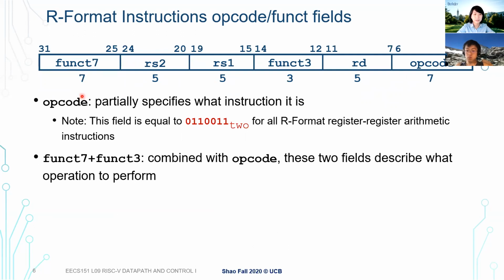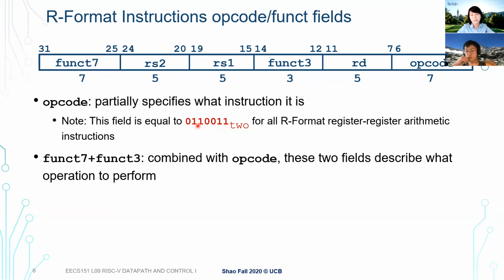So I mentioned earlier, let's start from the functionalities. There are 3 different fields in the R-type instructions to encode the functionality. First, all the R-type instructions have the same opcode, basically the lower 7 bits starting from the LSB. This field with this particular value means this is an R-type instruction.